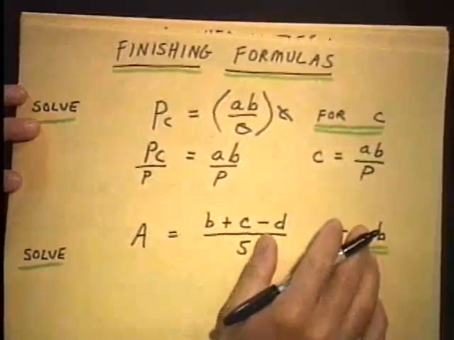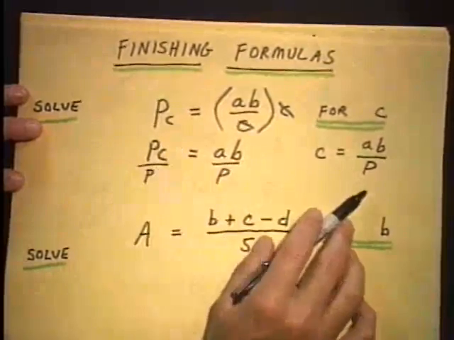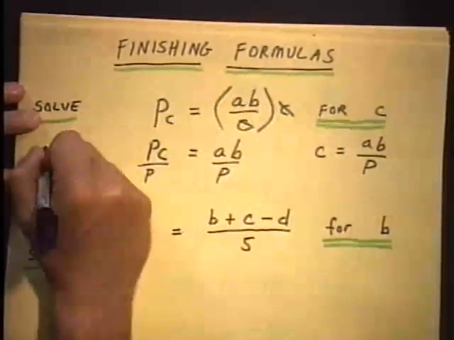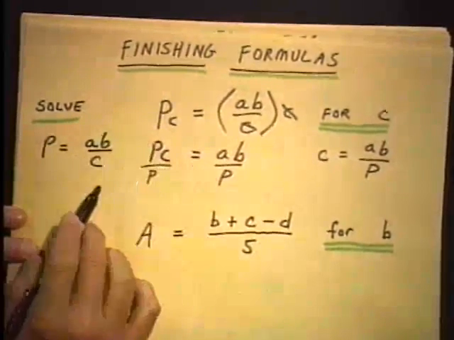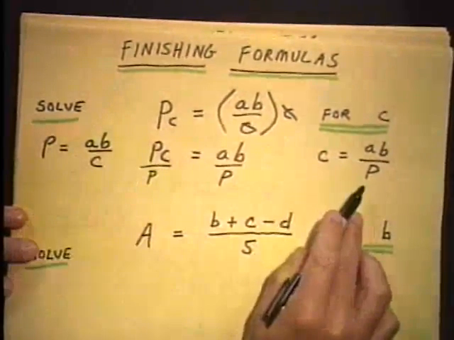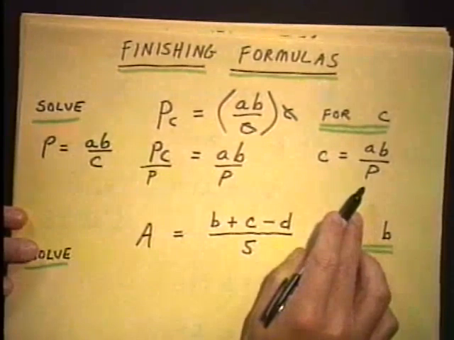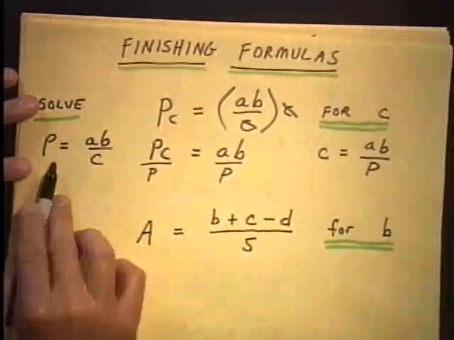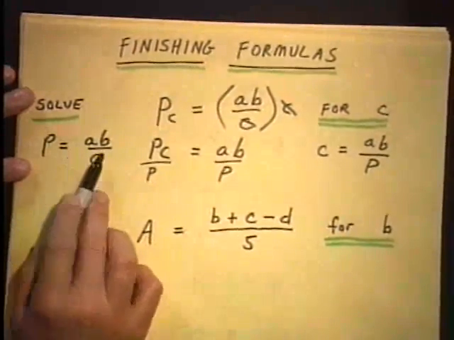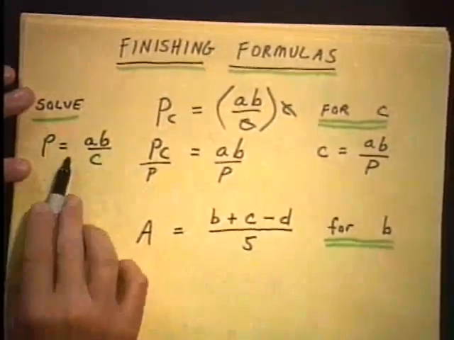Now, one thing I didn't mention in the last episode is we can check this. We started out, let's go over here on the side, with P equals AB over C, and we ended up solving for C over here. What I want to do is substitute some numbers in here and make this make sense. We can substitute any numbers, because remember, variables are simply numbers.